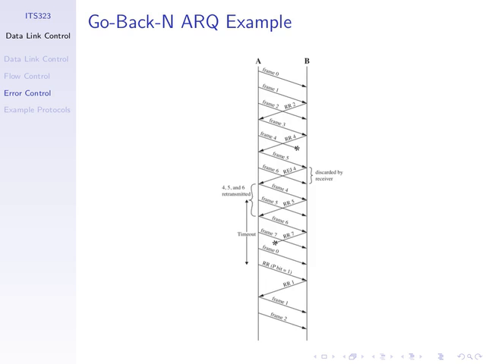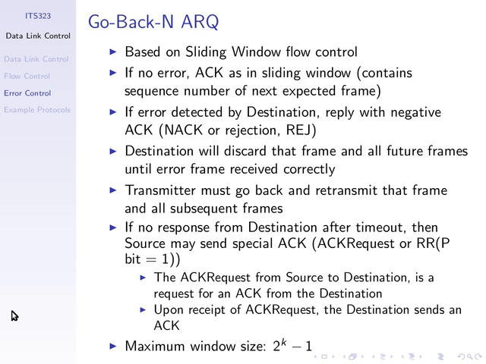It's an acknowledgement message which means request an ACK. So in the diagram it's called RR P bit equal to 1. The general concept is a request for an acknowledgement. Some special type of frame.